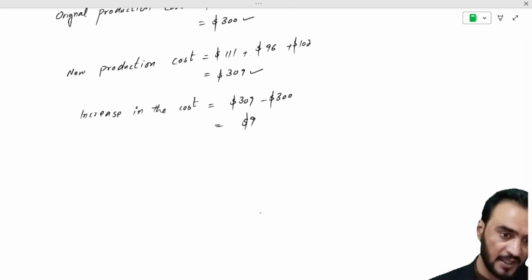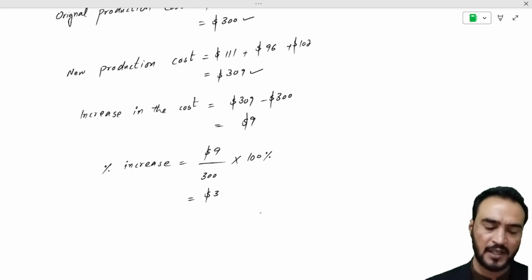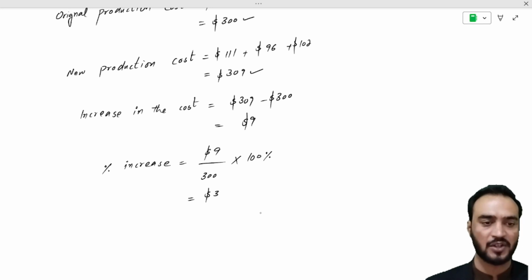The percentage increase is equal to the increase in the cost, which is $9, over the original cost of $300, multiplied by 100%. After solving that, 100 nines are 900, and dividing by 300, we get 3. There is an increase of 3% in the production cost of a printer. So this was question number 12.